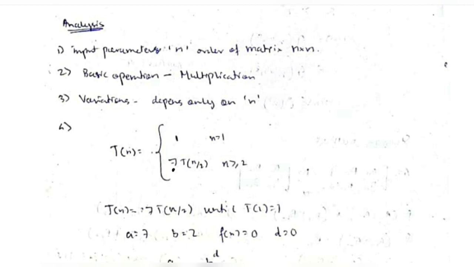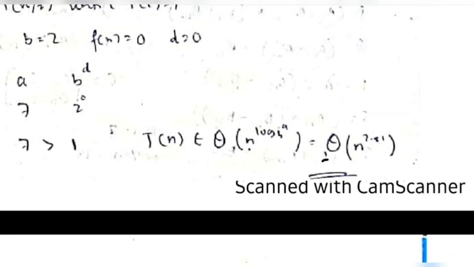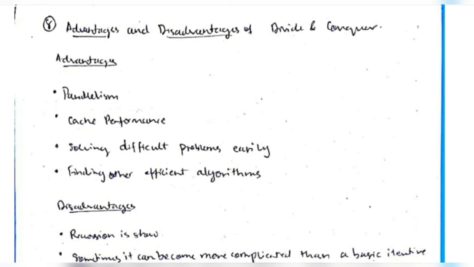Here it will be 7 times T of n by 2. When we solve that, we'll obtain the time complexity as theta of n power 2.81. The traditional method was n cube, and this is n power 2.81, a slightly lesser value, but when you take larger values of n, it will have a very great difference.